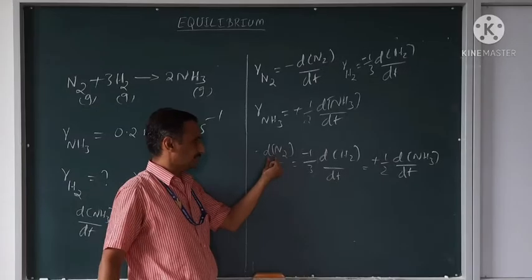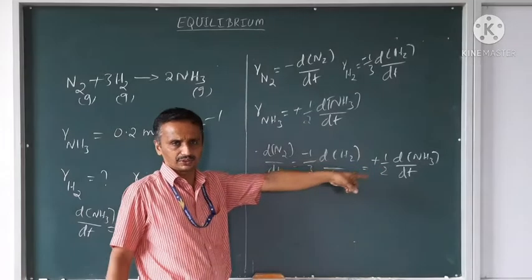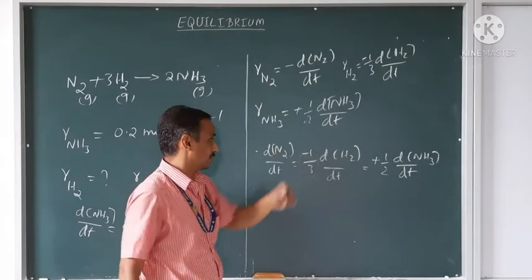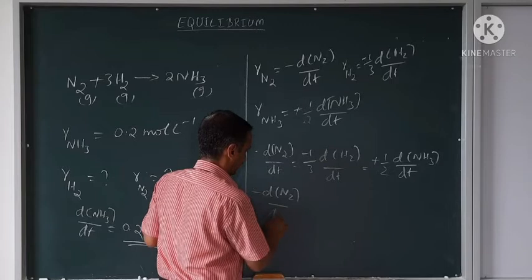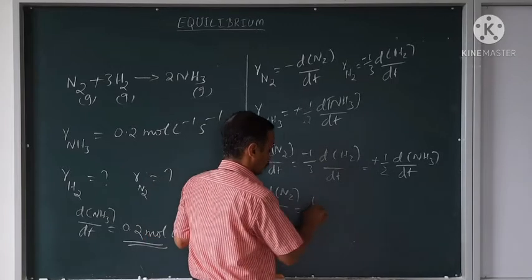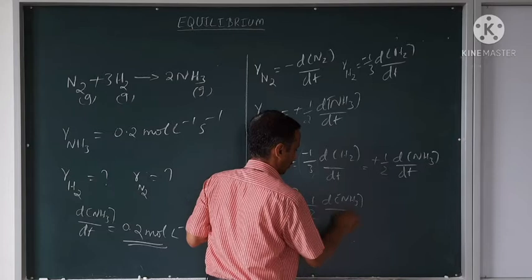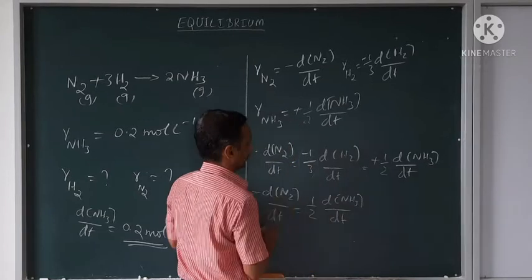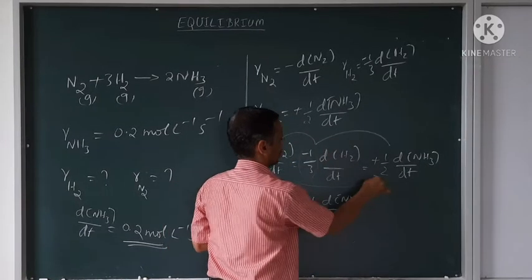I want to get that rate with respect to nitrogen. It was a minus sign in the previous. Rate with respect to hydrogen is minus sign only. So d of N2 by dt is equal to 1 over 2 d of NH3 by dt, because equality is there. This equal to this, this equal to this means this equal to this only.